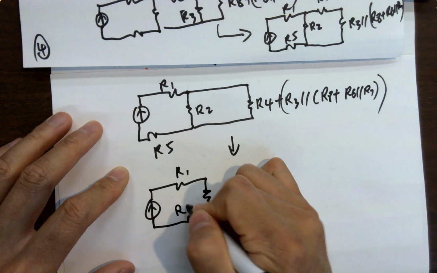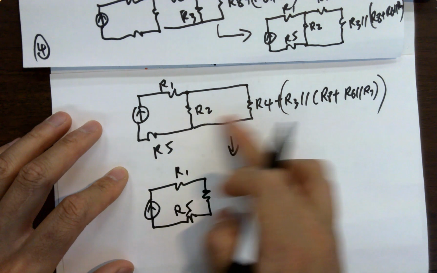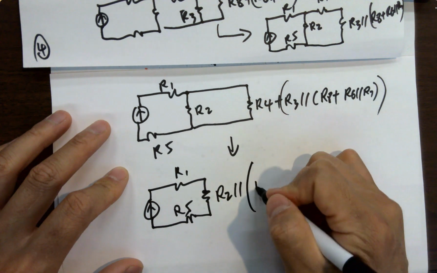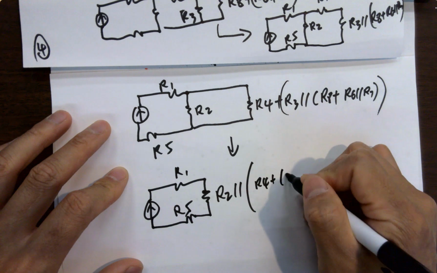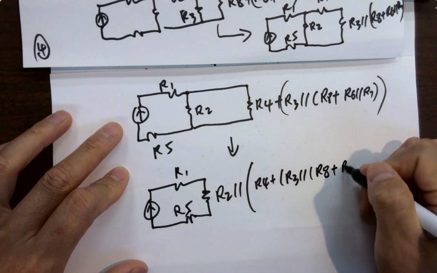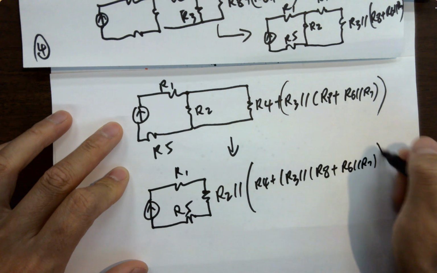R1, R5, and this is this in parallel with this. So it's R2 in parallel with R4, plus R3 in parallel with R8, plus R6 in parallel with R7.